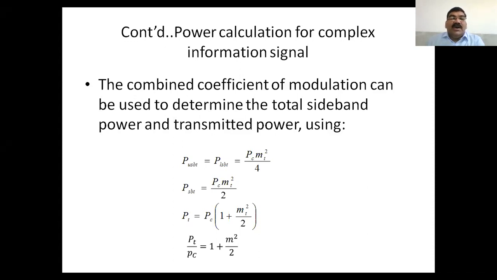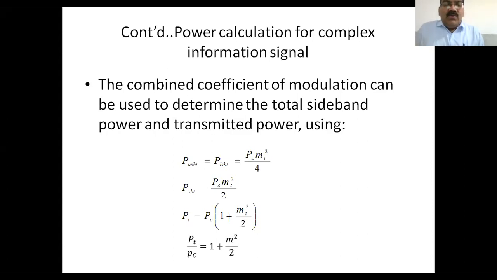So here the modulation index is important, but we are taking the total modulation index. Previously also, for the single carrier and single modulating signal, we used the modulation index. Now we have calculated the total modulation index and accordingly we are using it.